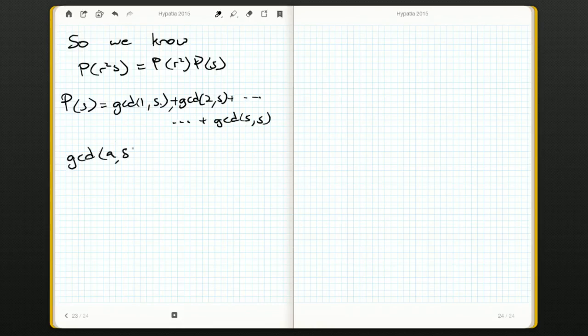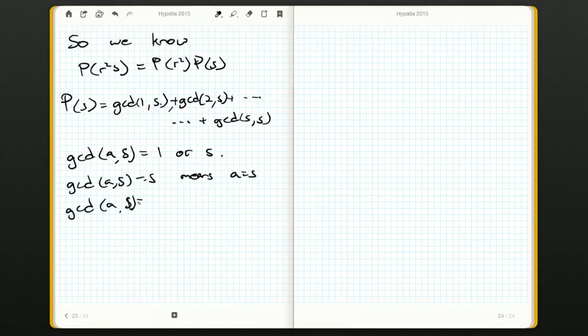So then now the GCD of a and s can either be 1 or s. So if GCD of a and s is s, we just get a value of a equals s. Just like before, if we wanted the GCD to be 125, our value of a had to be 125.